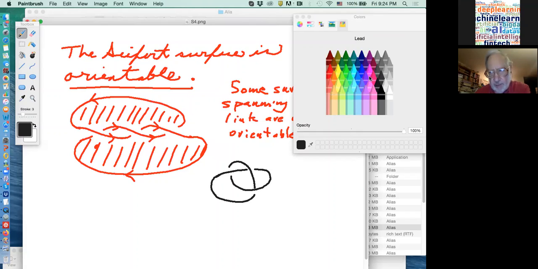And consider this surface. The boundary of F is equal to the trefoil knot, but F is equivalent to a Mobius band. It's not orientable.